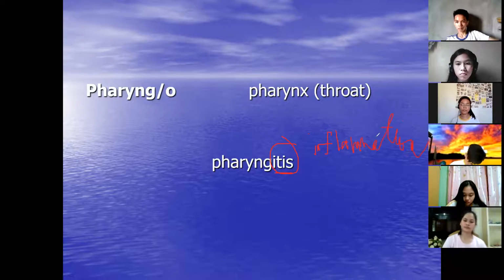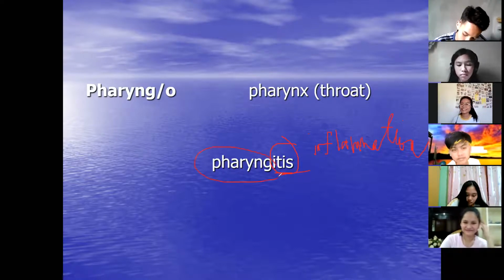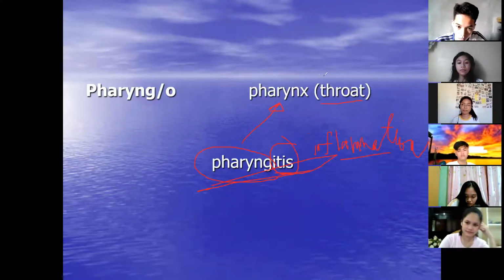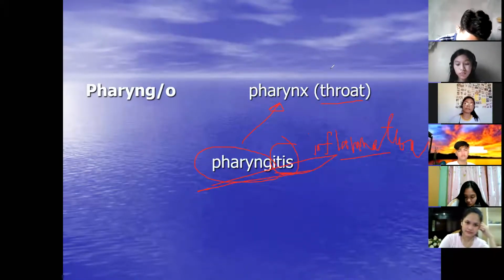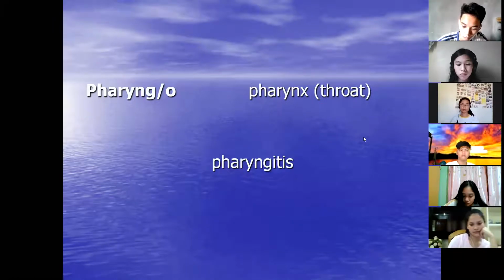I have a nice handwriting, right? So itis means inflammation. Pharyngo means pharynx or throat. Pharyngitis, as the word means, is throat inflammation. It could be related to tonsillitis because our tonsils are located in the oropharynx. So that's itis.